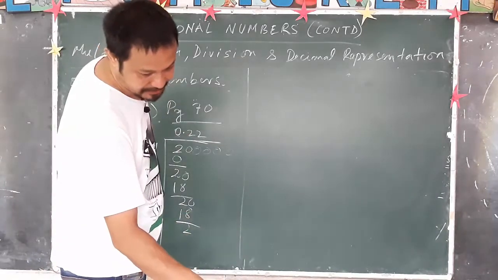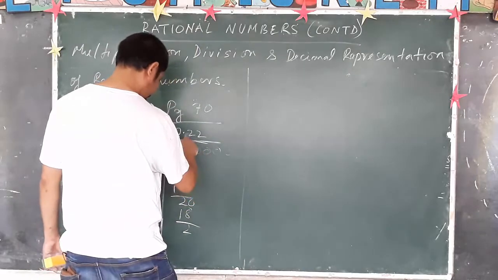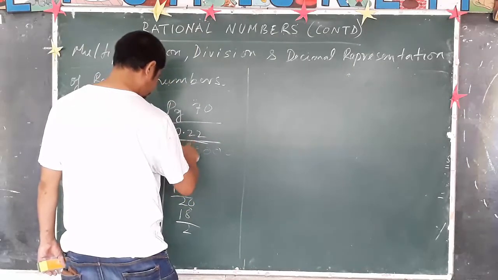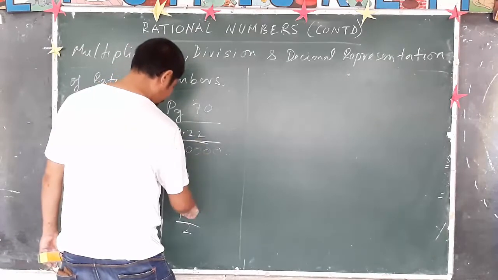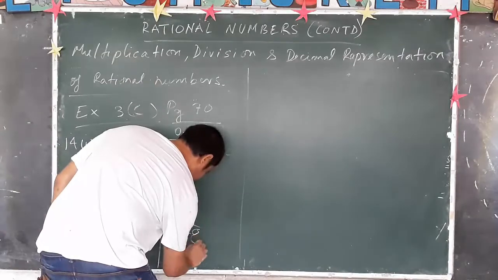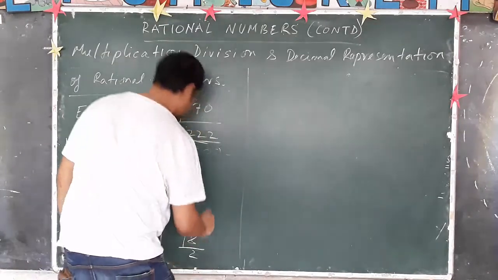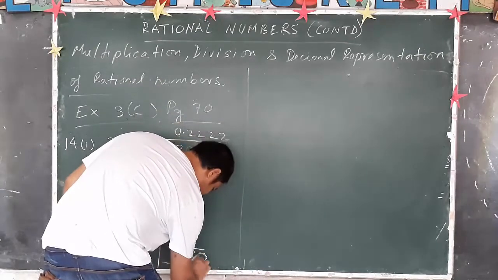It says 3 decimal places. So this will be 9 zeros are 0, 9 2s are 18. Remainder was 2, 0 came down. 9 2s are 18, again this will come down, 9 2s are 18.